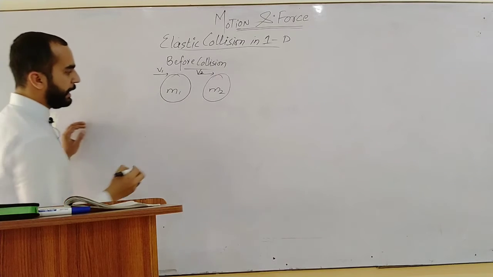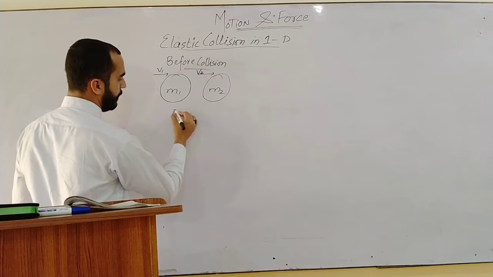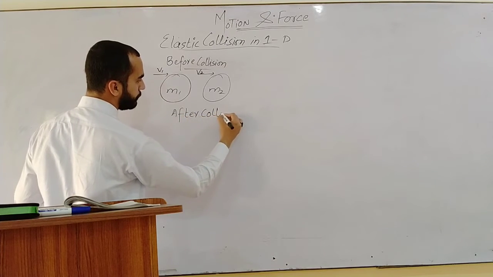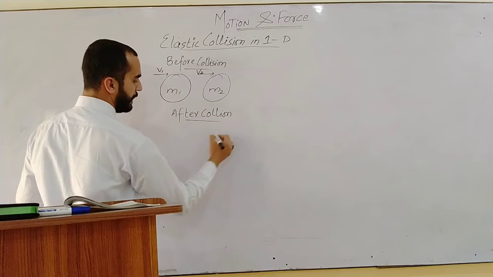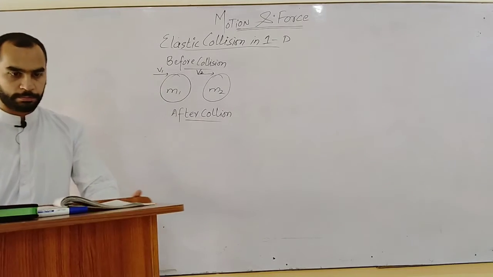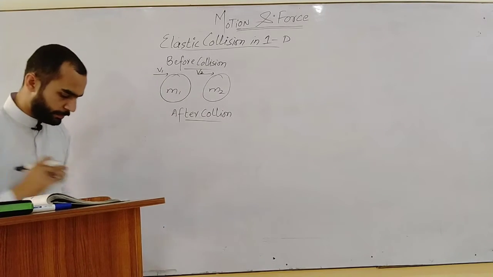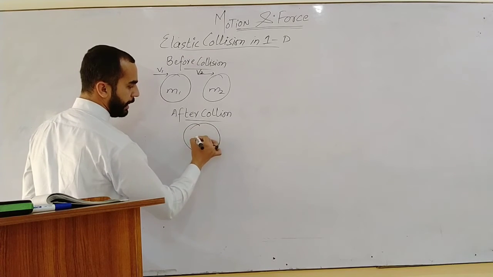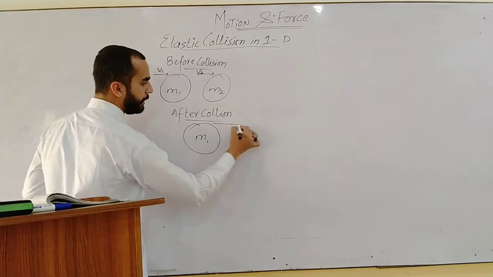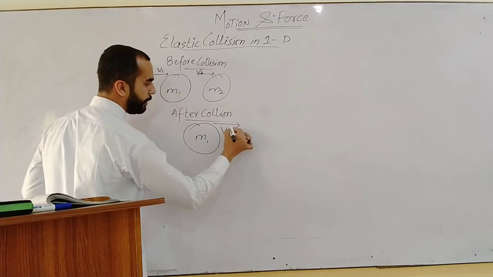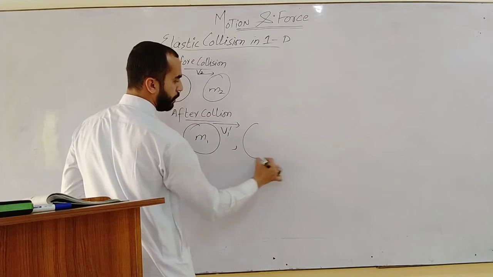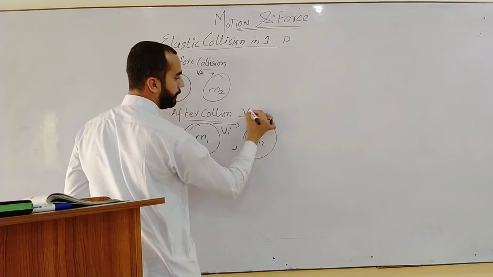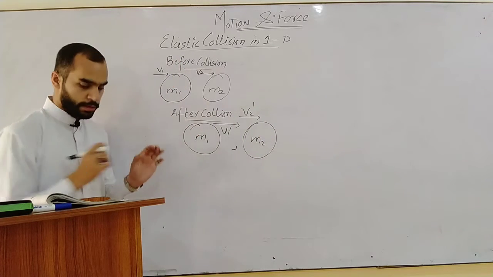After their collision, they gain a new position, and their motion becomes different. M1 gains a new velocity which is called V1 prime, and M2 gains a new velocity which is called V2 prime.